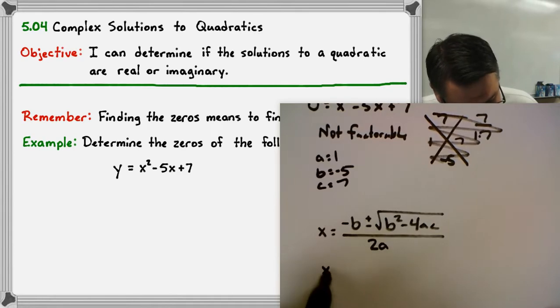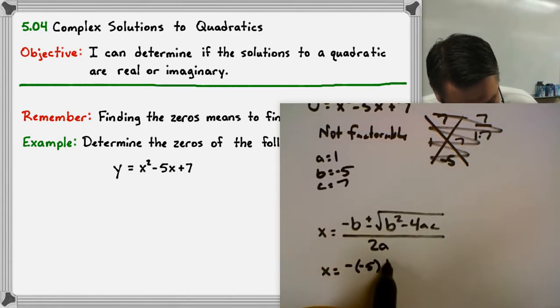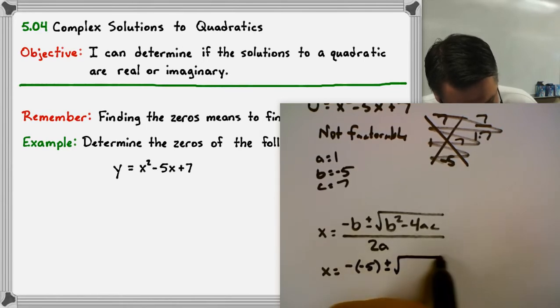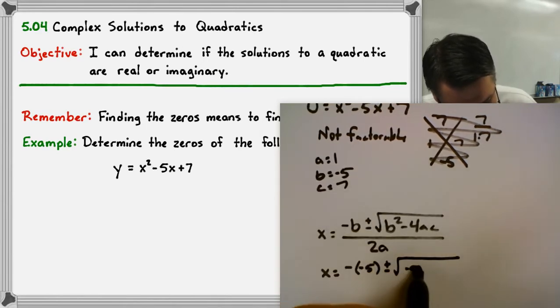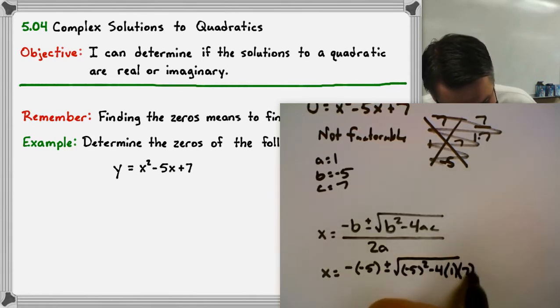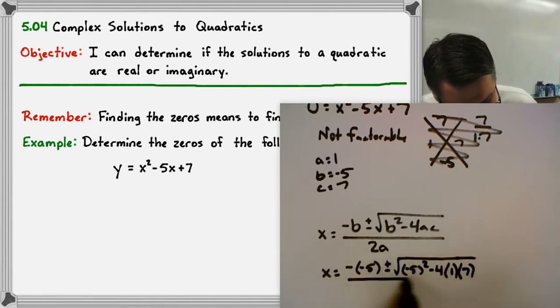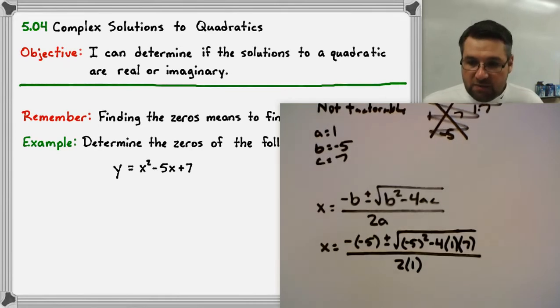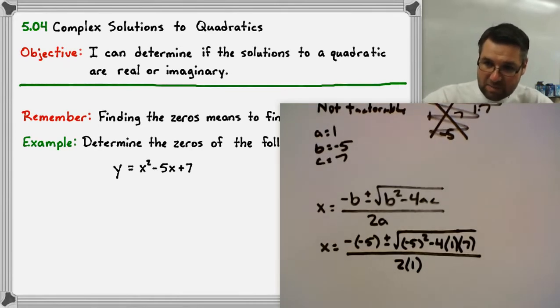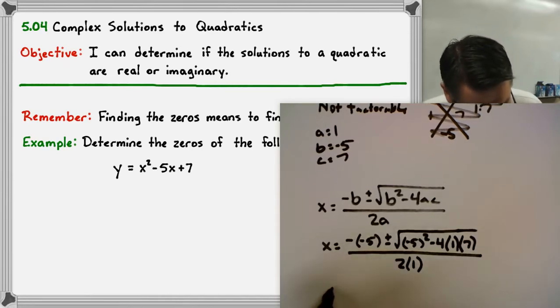So this will say x equals negative parentheses, negative 5, plus or minus the square root of b squared, so that's going to be negative 5 squared, minus 4 times a, so 4 times 1, and then times c, so times 7, all over 2 times 1. Now, in the last video, I showed you how to quickly shortcut through this and make sure you do these same steps every time to simplify.